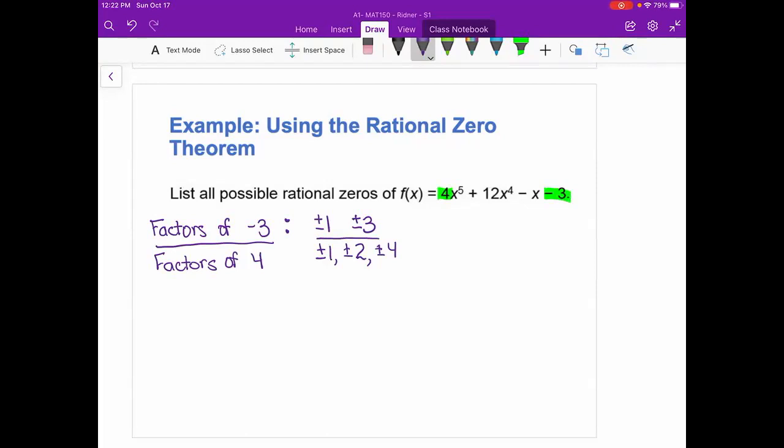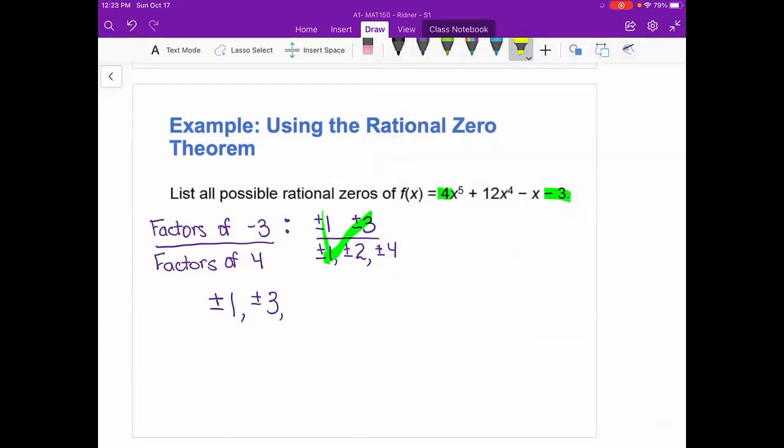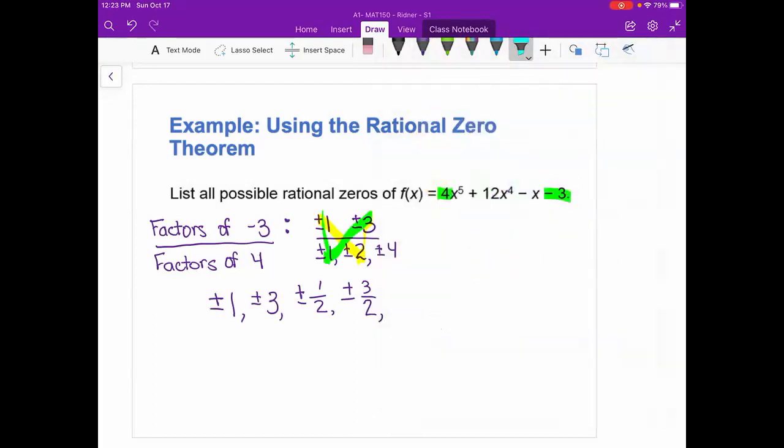So if I divide everything by 1, 1 divided by 1 is 1, 3 divided by 1 is 3. Then if I divide everything by 2, 1 divided by 2 is 1/2, 3 divided by 2 is 3/2, so that's 2 more. And then last but not least, divide everything by 4.